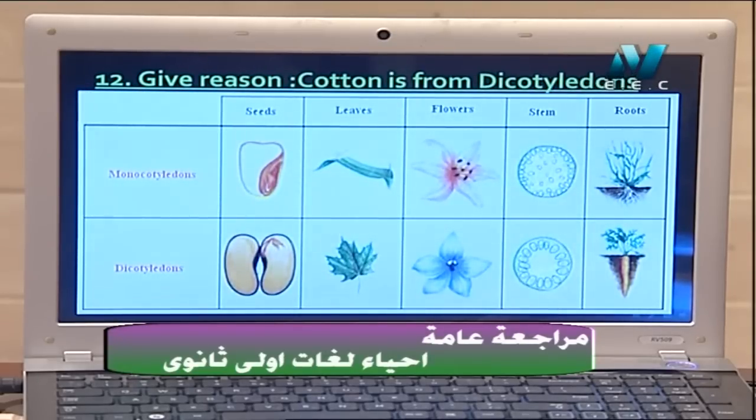When you look to the leaves, the leaf of monocots contain veins. Veins يعني عروق. العروق هنا بتكون parallel venation. When you look to the leaf of onion، لو بصينا للبصل، الورق الأخضر بتاع البصل الأخضر هنلاقي العروق بتاعته parallel. ده معناه إن السيد دي monocots.